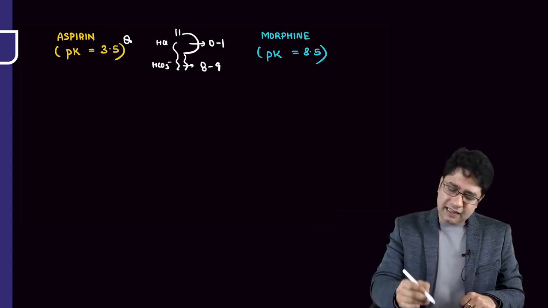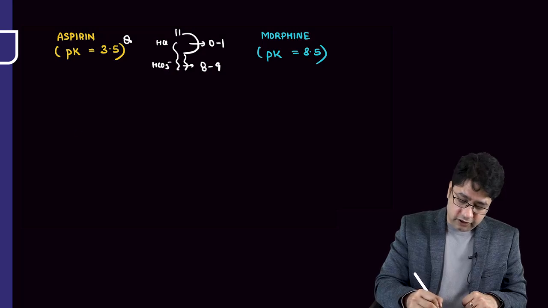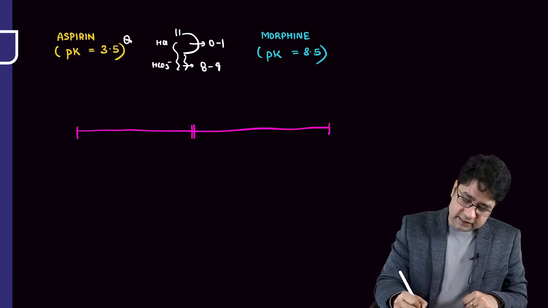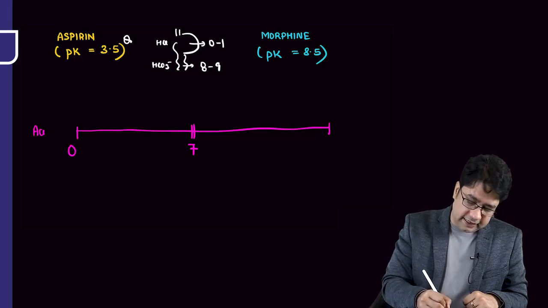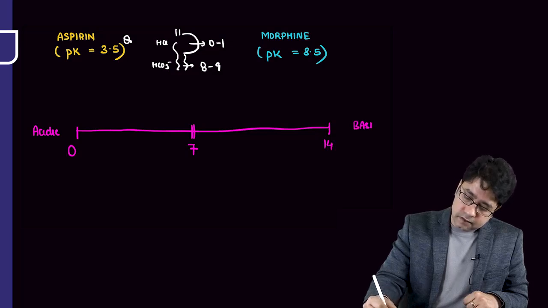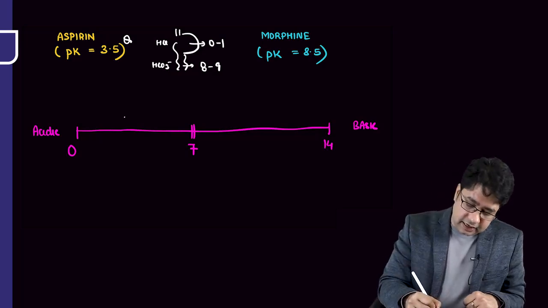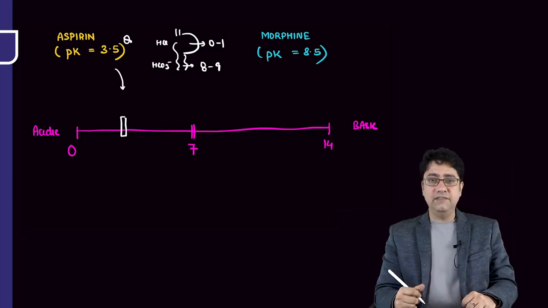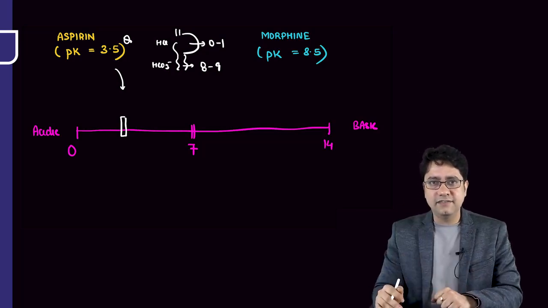So for that, let's draw a pH scale. In your 11th and 12th, you must have heard about the pH scale. In the pH scale, 7 is neutral, 0 is going towards acidic, and 14 is basic. That means aspirin on this pH scale lies out here. So can we say aspirin itself is an acidic drug?